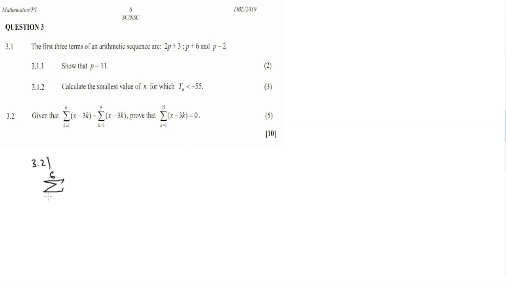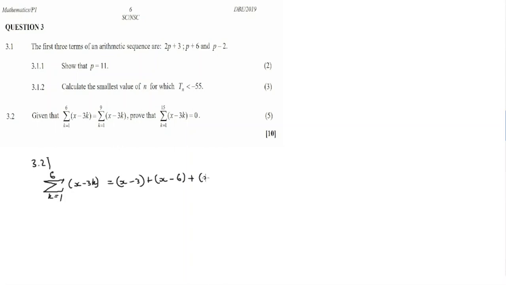We expand this. For k equal to 1, x minus 3k: where there's k I put 1, so for the first term I get x minus 3, plus for the second term I get x minus 3 times 2, which is 6.